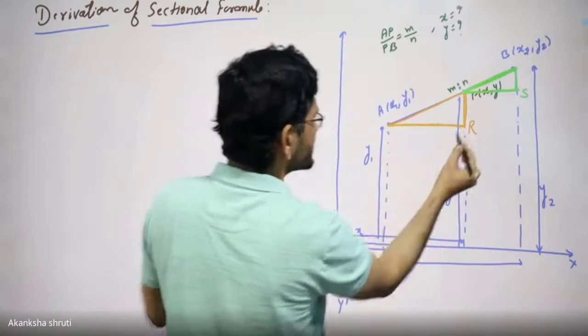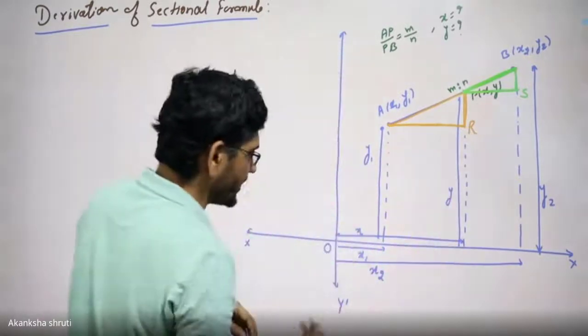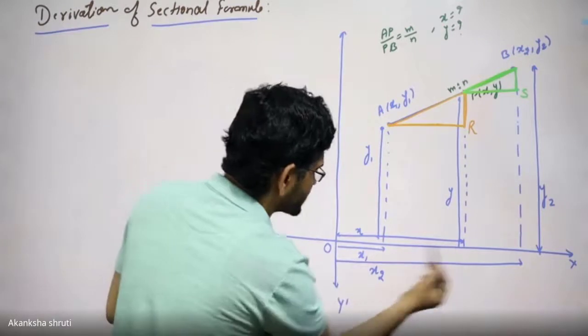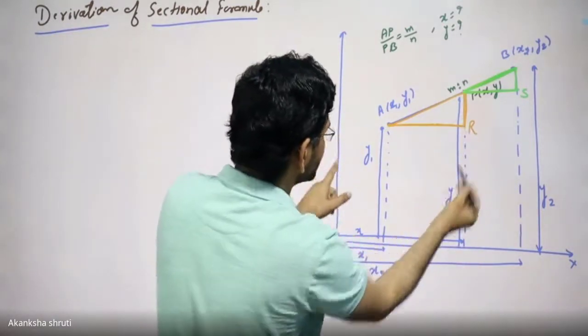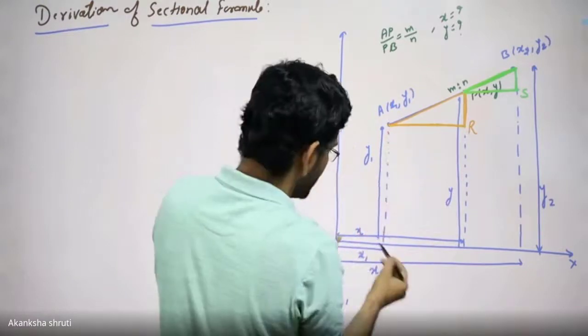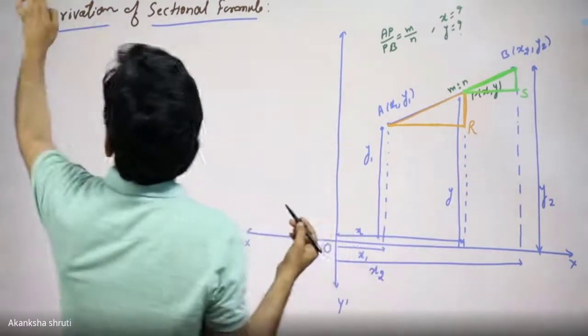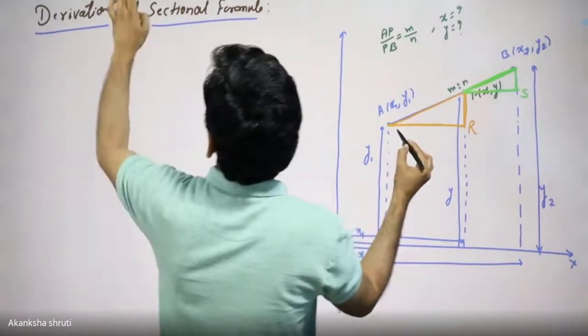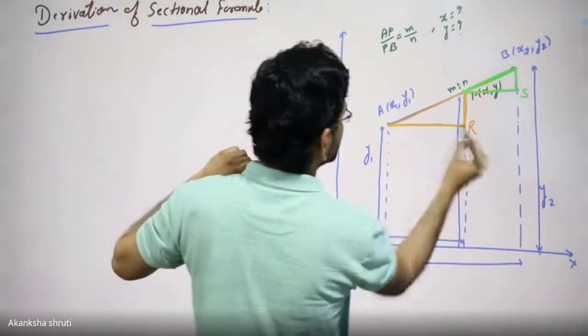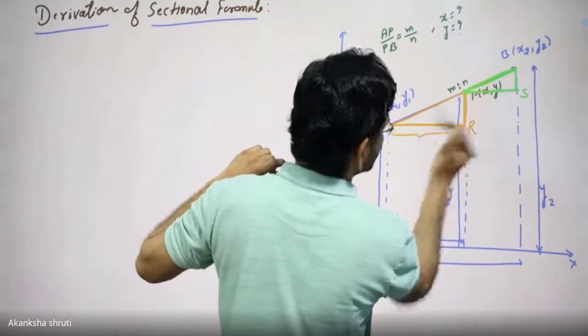Students, so what is this AR? How can we calculate it? Let us take the help of their x coordinates. Up to this much length, it is x, but up to this much length, it is x1. Therefore, we can get this AR as how much?